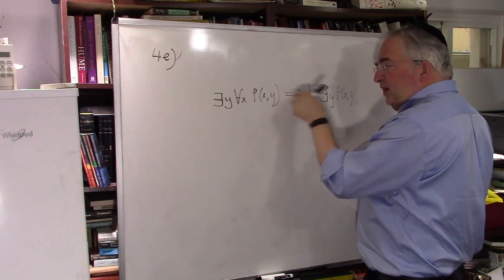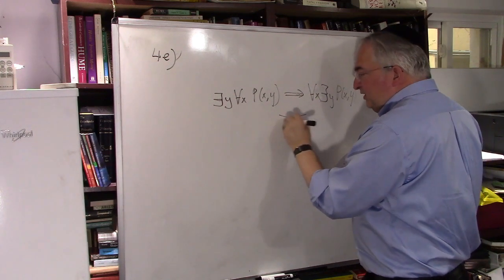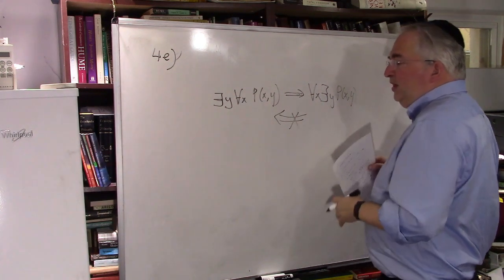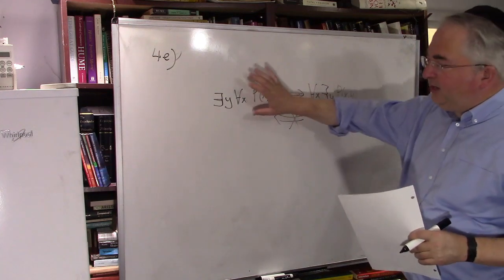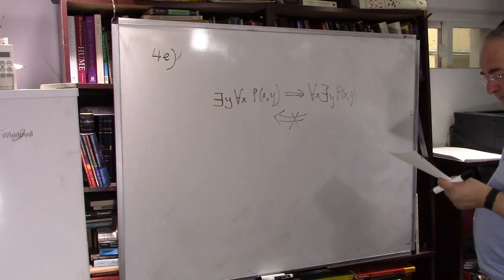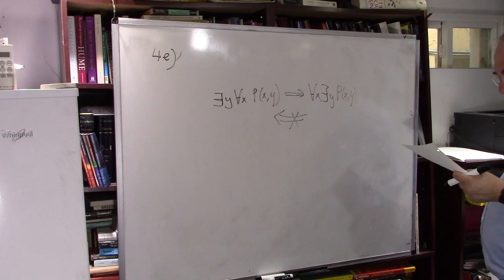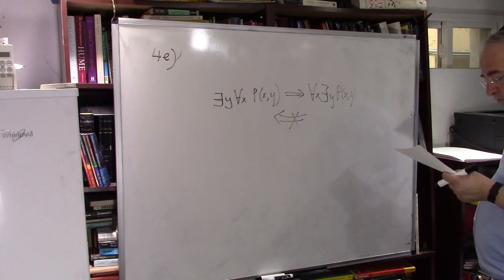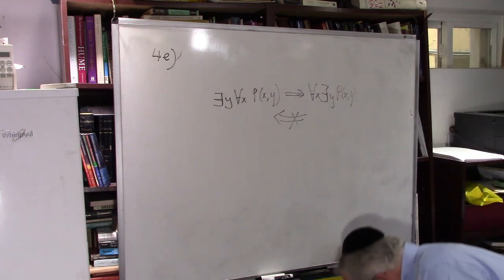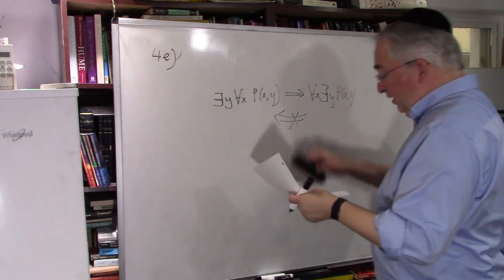This logically implies this way. It does not logically imply this way. Something could be true here and not true here. Let me show you an example of this.